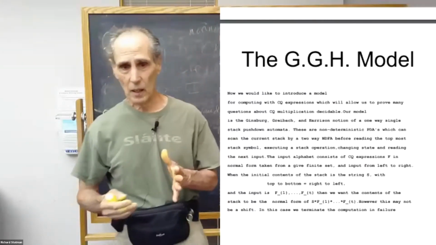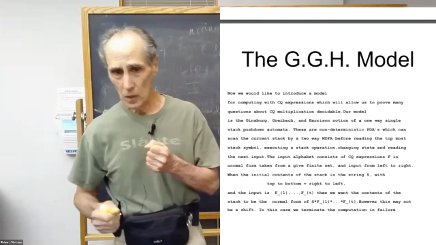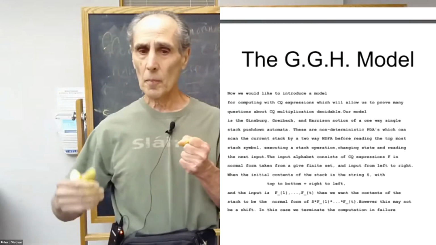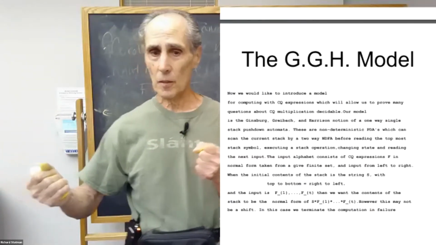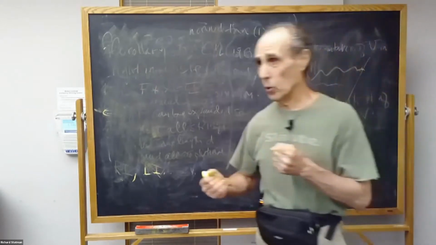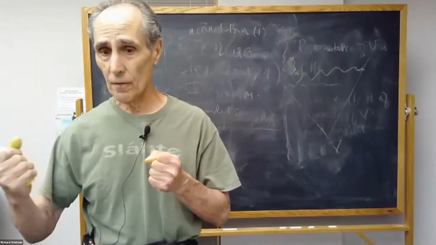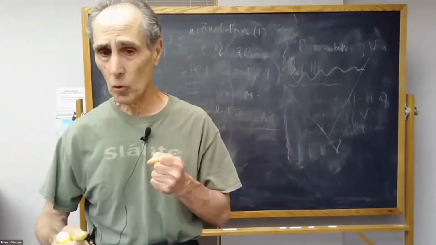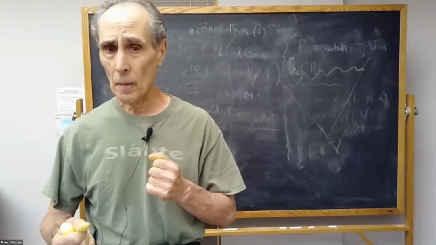Let's just take the initial multiplication to be a string, and then it's going to be multiplied by normal forms. So it really looks like the operation of a stack, where the input alphabet is the set of normal forms, and the initial stack is just a string.